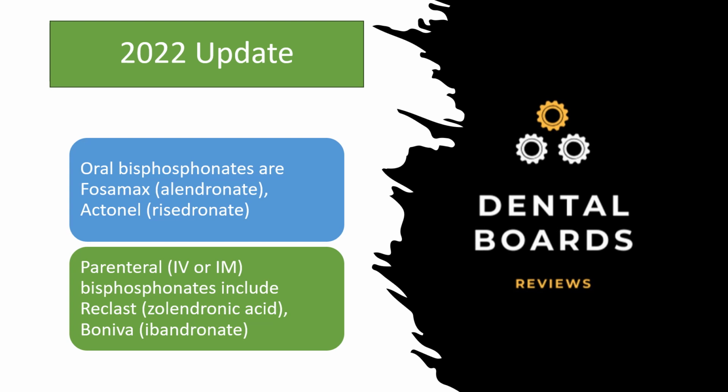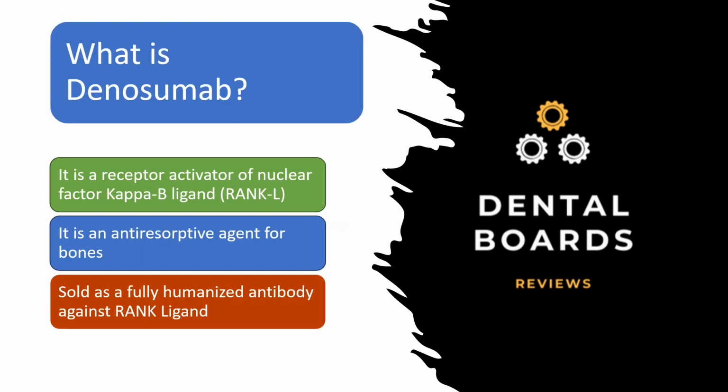These include Reclast, which is zoledronate, or Boniva, which is ibandronate. Make sure you know these medications, so when you see them, you know how to take care of the patient.